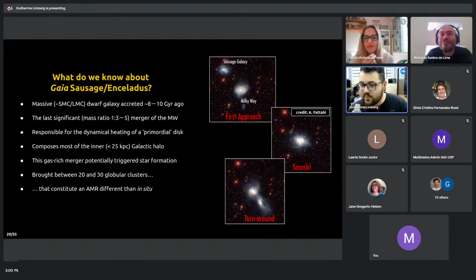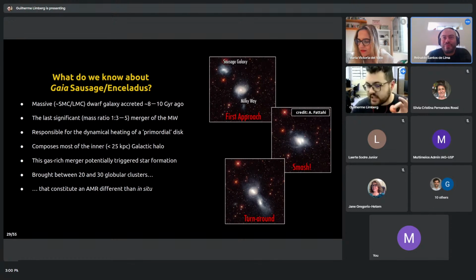It's not that it's necessary. It's just that in this one work that people analyzed, what people eventually did was to look in cosmological hydrodynamical simulations for Milky Way analogs that contained some Gaia-Sausage analog in them. And what most of these works show, well, I think there are like 4 works doing this kind of exercise with different suites of cosmological simulations, all of them show that the progenitor of this Gaia-Sausage, in these simulations, was a gas-rich merger.